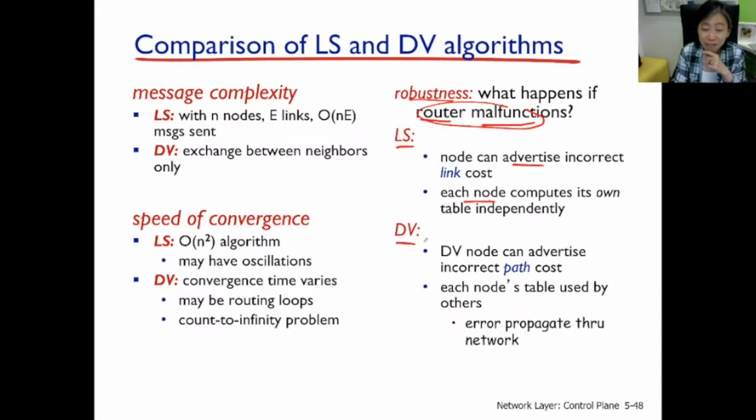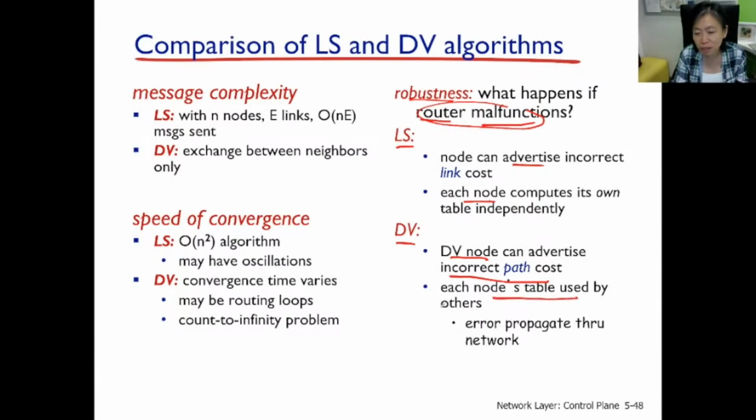In distance vector, however, if a router is malfunctioning and reporting, for example, a short link cost to a particular neighbor, the node can falsely report the shortest path to a particular destination as being shorter than expected. So these incorrect paths get advertised and propagated out. And the neighbors of these nodes are going to take it and potentially include that in the shortest path, update their tables, and then pass the incorrect information further.